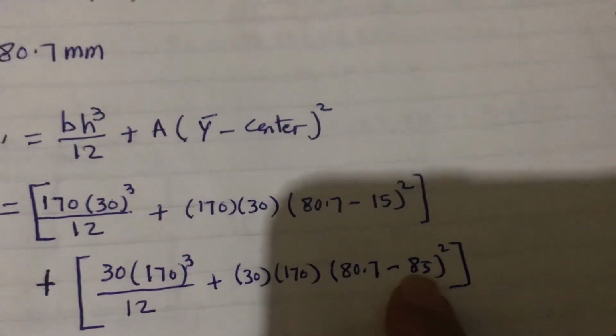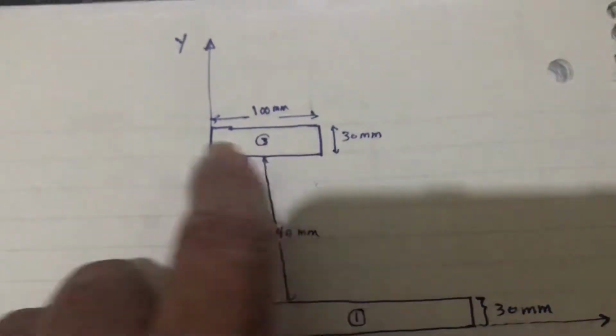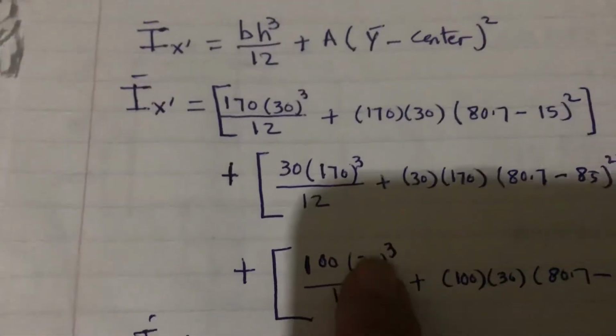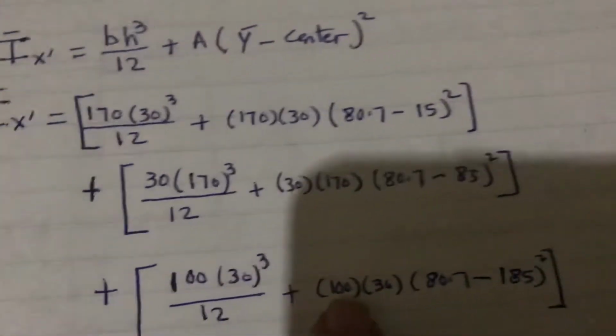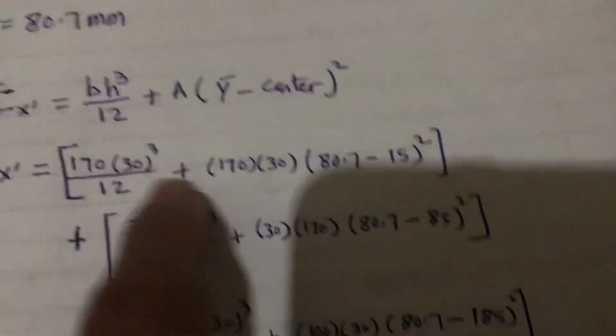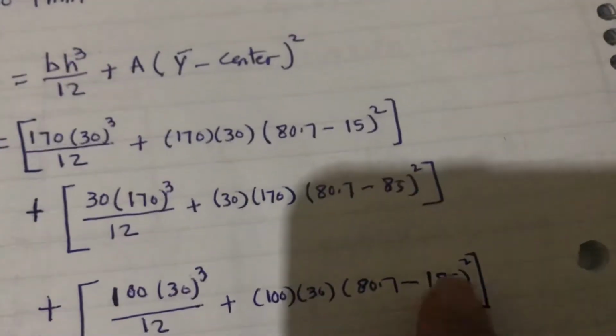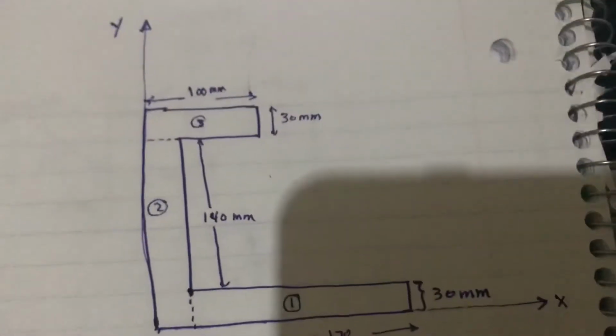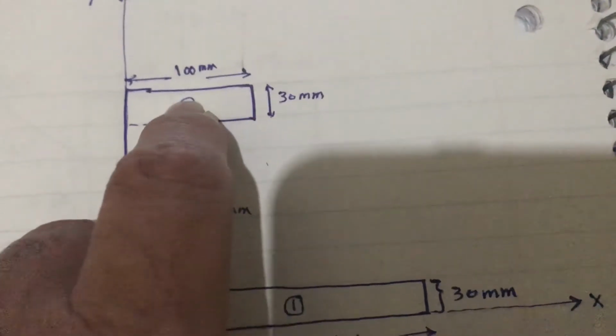85 here, squared. The last one, the base is 100, the height is 30. So 100 times 30 cubed over 12 plus the area, 100 times 30, open the parenthesis, the y bar 80.7 minus, now what is the center location?